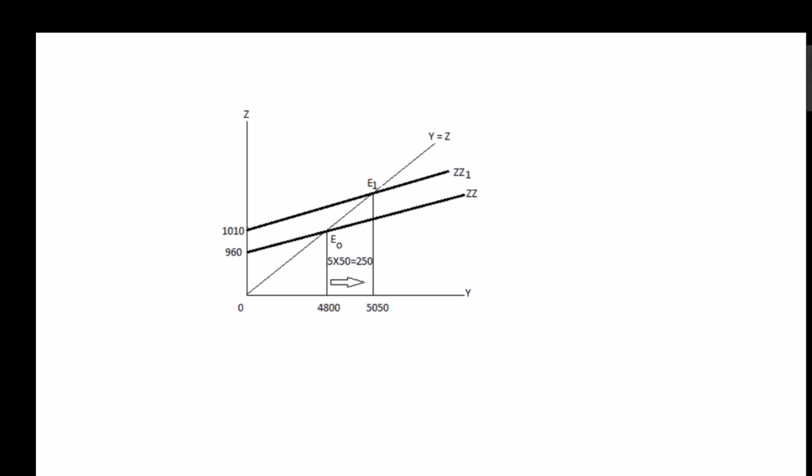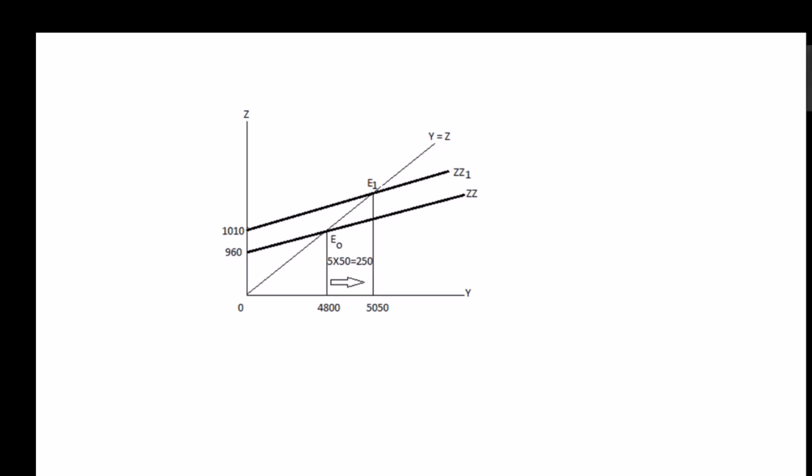So therefore, because of the increase in government spending by 50, there's a parallel upward shift. I told you this. If there's a change in any of the autonomous variables, an increase leads to a parallel upward shift, and a decrease leads to a parallel downward shift.